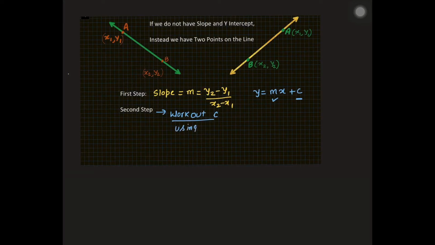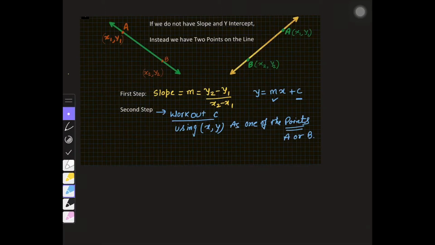We need to use any point, either A or B, because that is lying on the line, so that will satisfy my equation. It's your wish which one you would like to use. Mostly we can use A, but it's up to you.